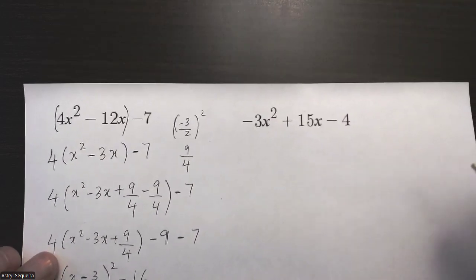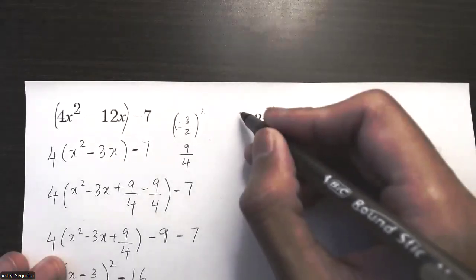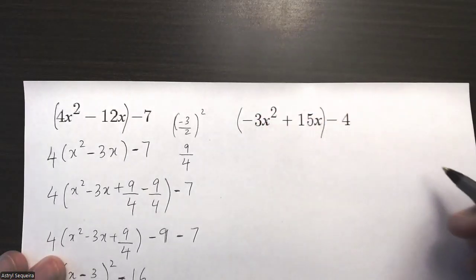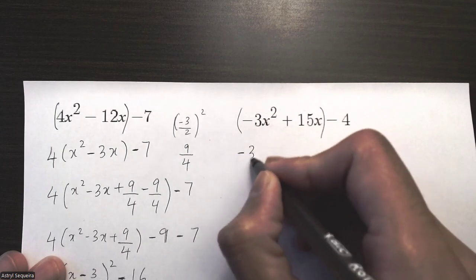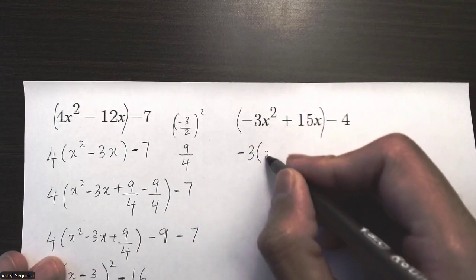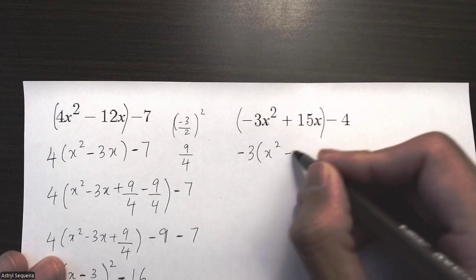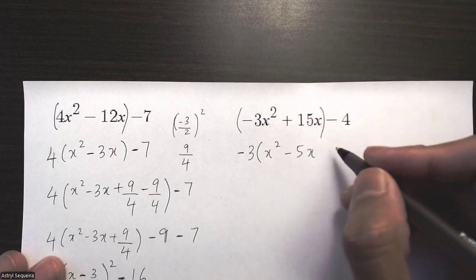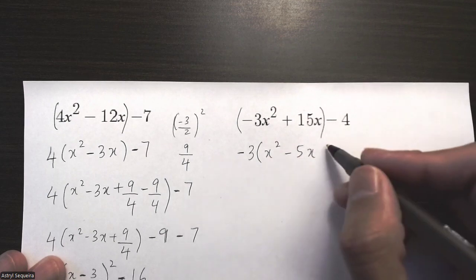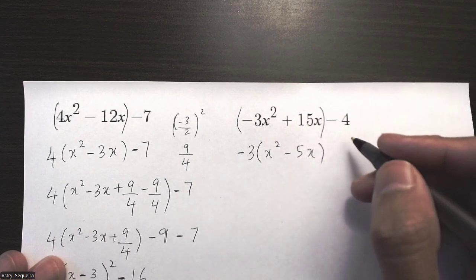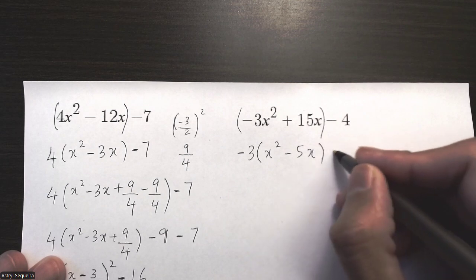Let's go to the last and the hardest question of this video. Bracket my first two terms. Common factor out a negative 3, and I'm left with x squared minus 5x minus 4.